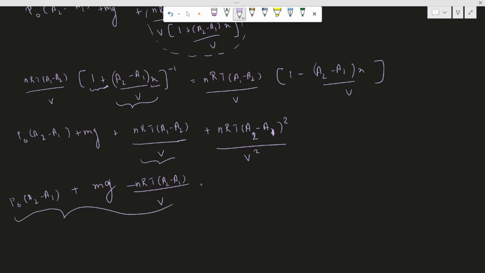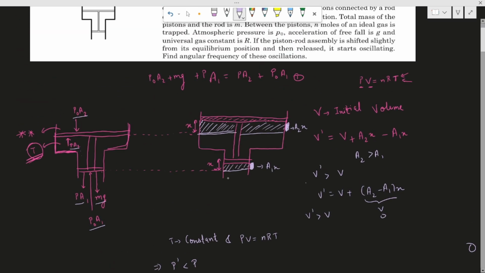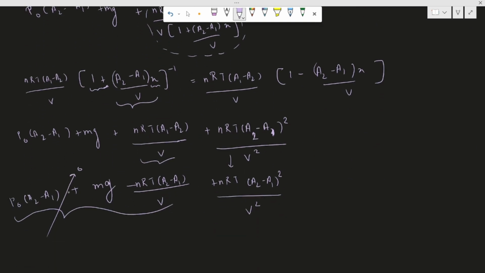And from equilibrium, let me bring this term down. From equilibrium, this is 0. We wrote the equilibrium condition here. See, from this equation, these terms will cancel out. So the only term left will be nRT (A2 minus A1) square by V square equal to m x double dot.